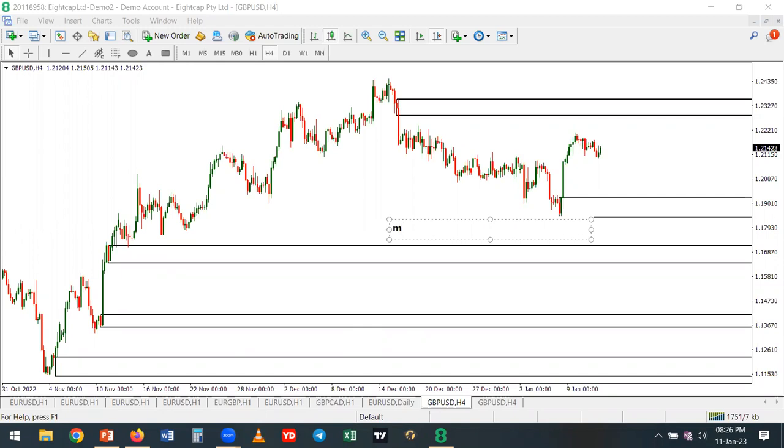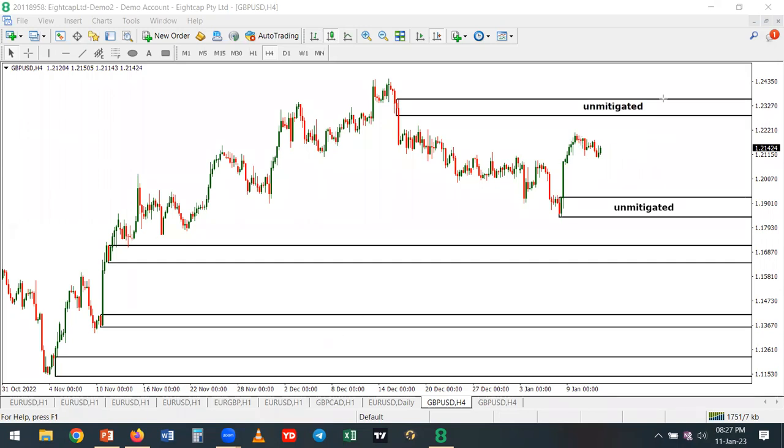All right, unmitigated is an order block that price has not gotten to. So after I refined, I have a lot of unmitigated order blocks. This is an order block that's unmitigated. This is another unmitigated one. Having unmitigated order blocks here simply means that I am expecting price to come to this order block.